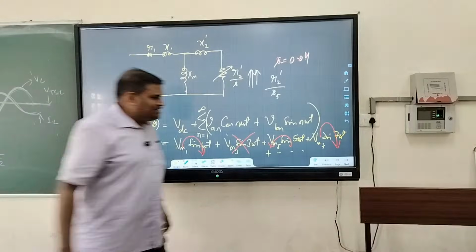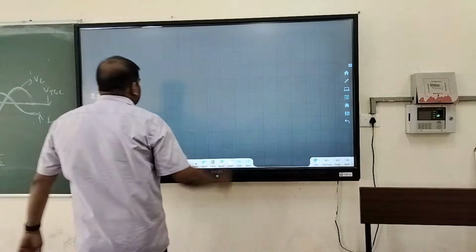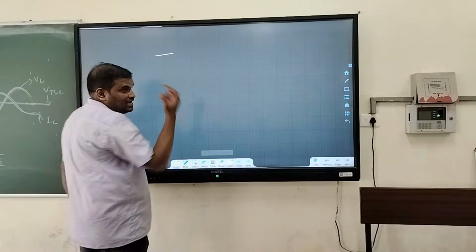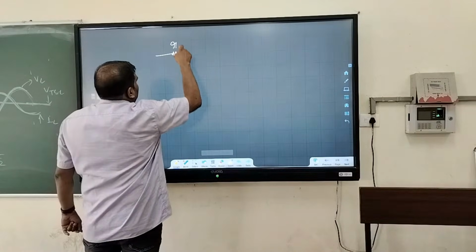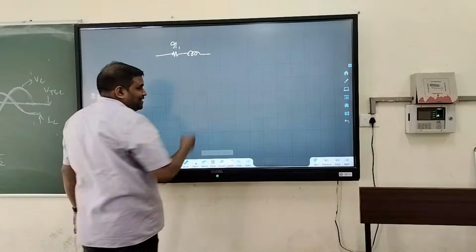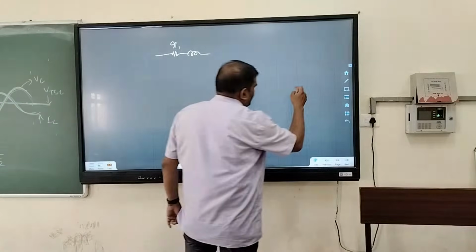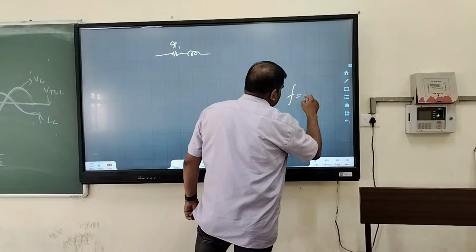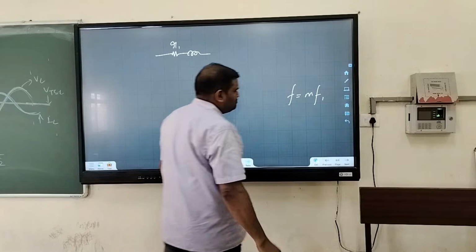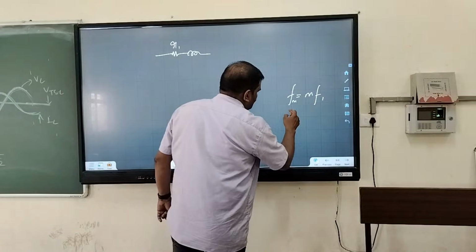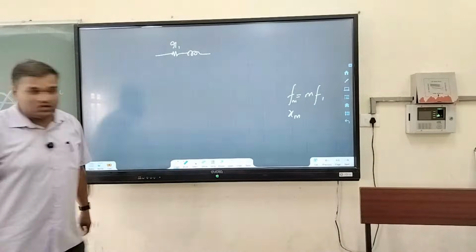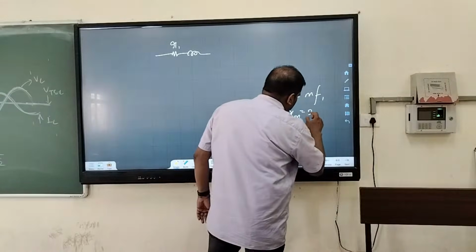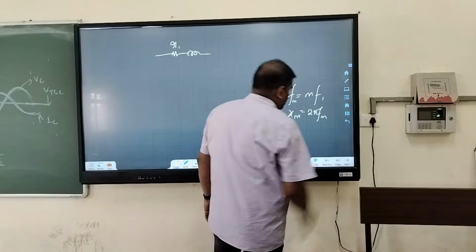So now the equivalent circuit for these harmonics will be, this is R1. Let us say the harmonic's new frequency is m times the fundamental. So this is Fm, and let us say this is Xm. Reactance is equal to 2 pi Fm, correct?